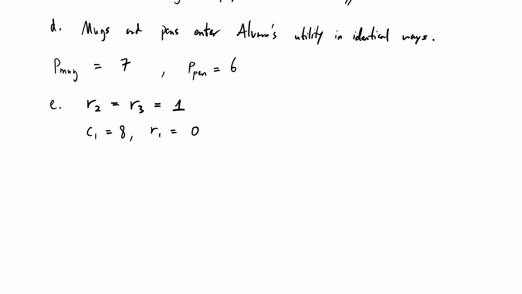The key idea here is that he expects the muck and the pen, but he actually wouldn't be given any for free. So C2 equals C3 equals 0. He expects to have them, but he wouldn't be given any. So what would he do?